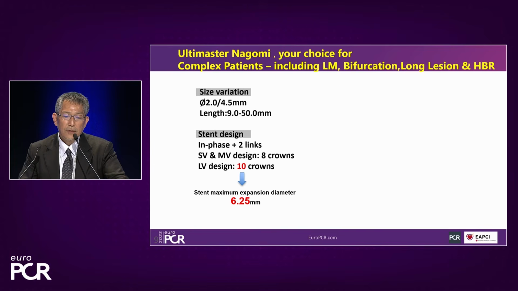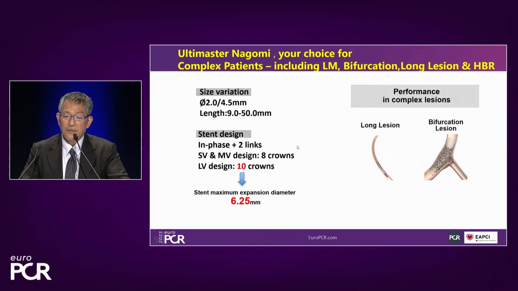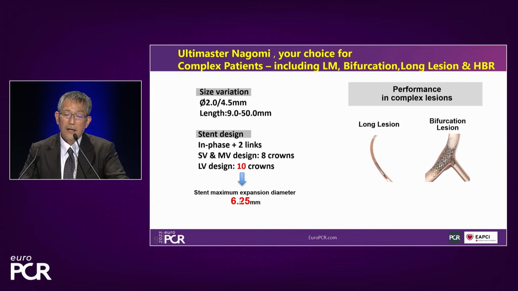Now the Ultimaster Nagomi has lengths up to 15 millimeters, and also in the large vessel design, with 10 crowns, it can be expanded up to 6.25 millimeters. This means that the new Ultimaster Nagomi is particularly suitable for long lesions and large vessel bifurcation regions.